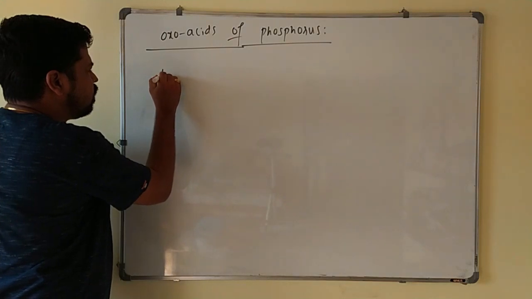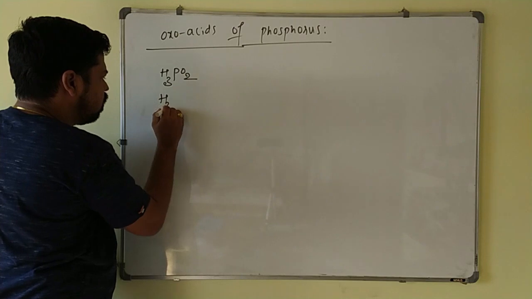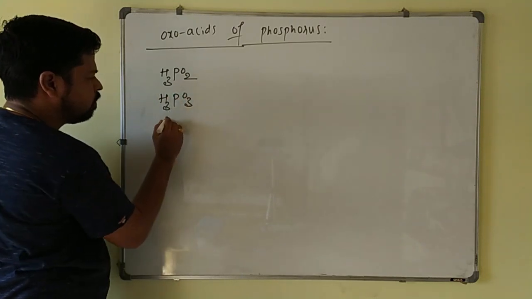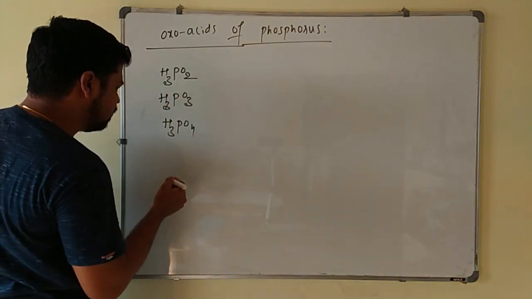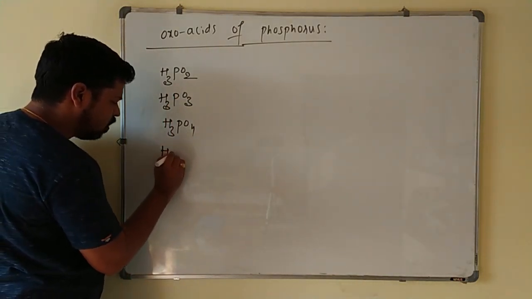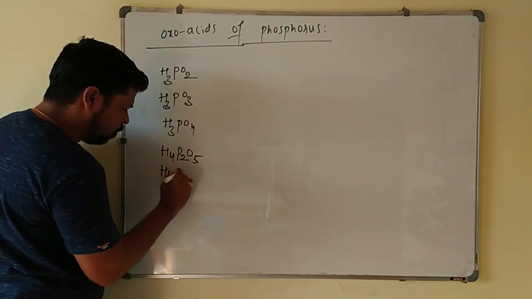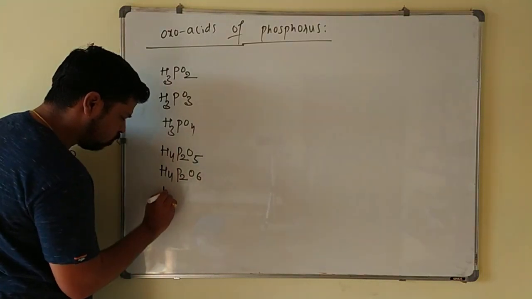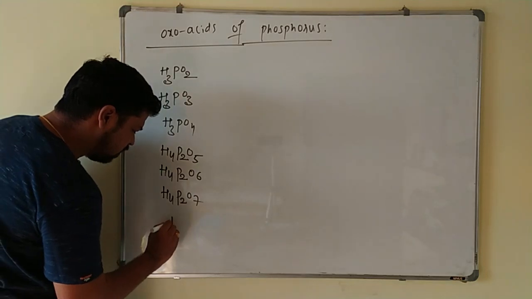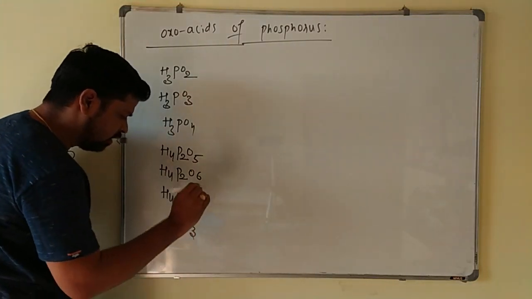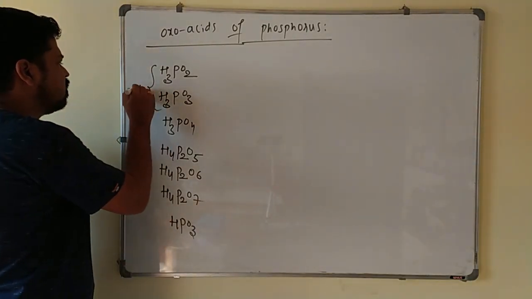The first one is H3PO2, next H3PO3, H3PO4, and in the H4 series I will write H4P2O5, H4P2O6, H4P2O7. The last one is HPO3. This is a special one, I will call it meta. These two I will mark with a star.